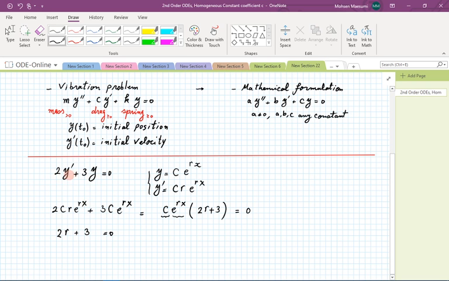Instead of y and y prime, we have 1 and r. Otherwise, the constants are exactly the same. Well, this is an easy equation to solve. r becomes minus 3 halves. So I have figured out what r is, and the solution is some constant multiple of exponential of minus 3 halves x.